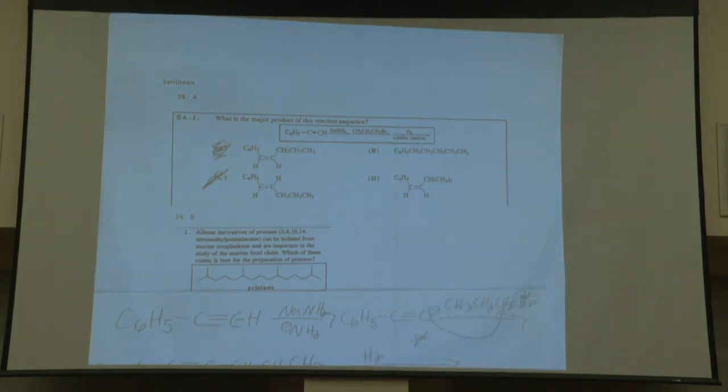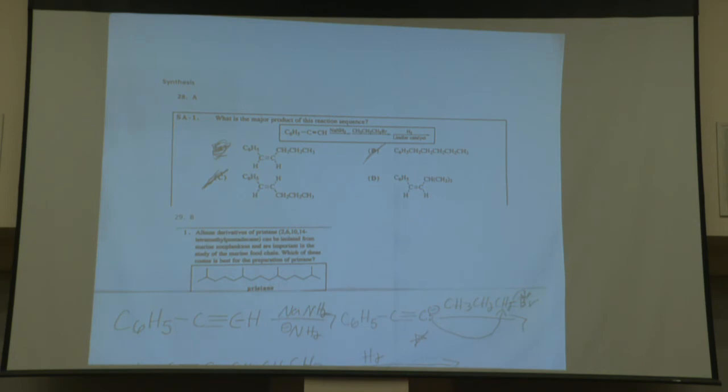Just to clarify, this one is tricky because H2 platinum does reduce it all the way down to an alkane. So if you didn't remember, you might have been tempted to pick that. But that's not the correct answer. That would be H2 platinum, or I think it's H2 Pd. I don't know what Pd is. I think it's platinum or plutonium or something. H2 Pd is what reduces it straight to the alkane.